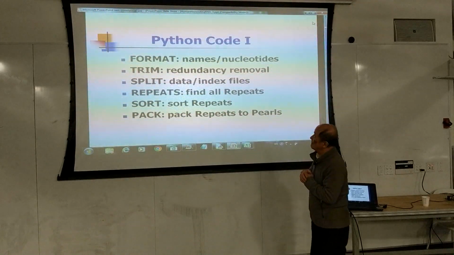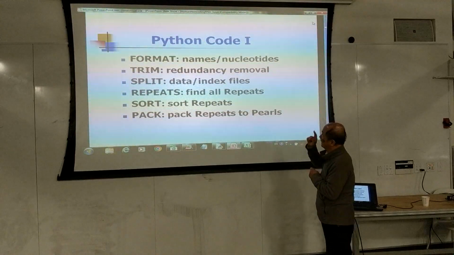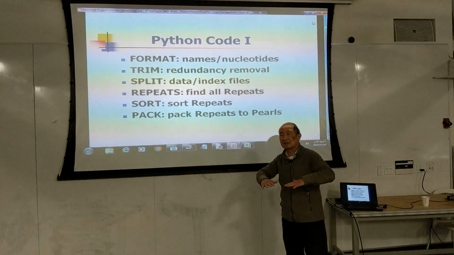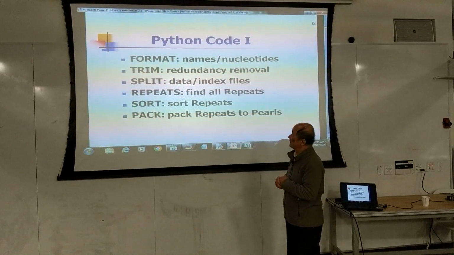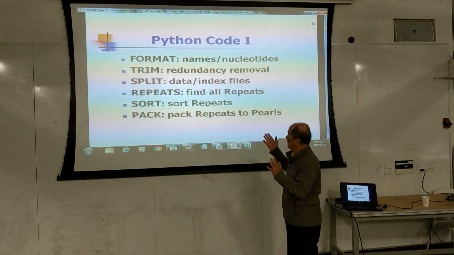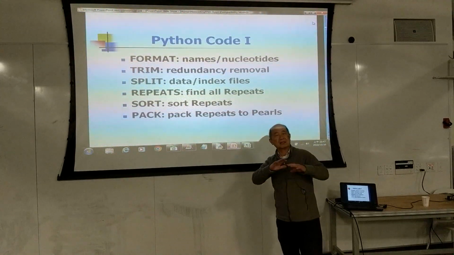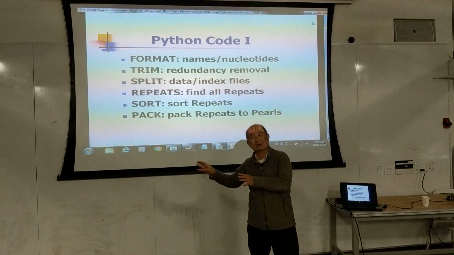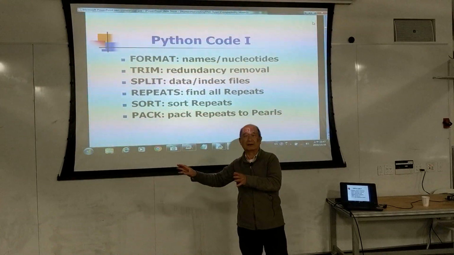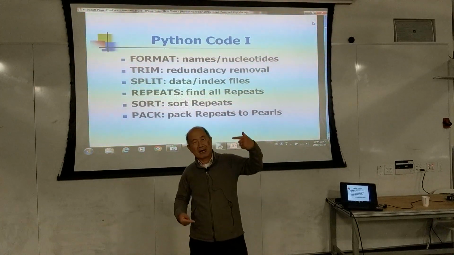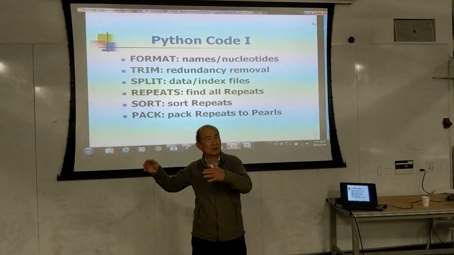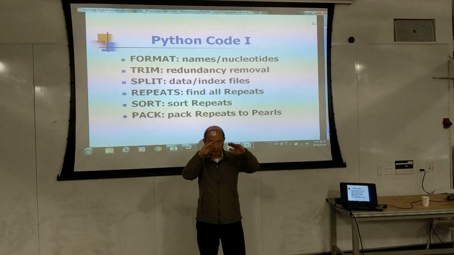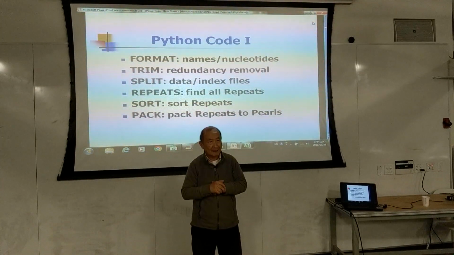And then once you have trimmed and cleaned up the data file, I would run a split. Split just saves the header into one file and all the data into a data file. In the header, I have the name and a pointer, so that I have a list of all the RNAs with their name and their position in the big data file.